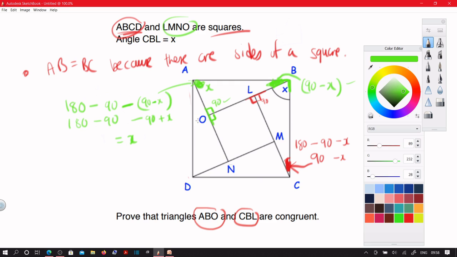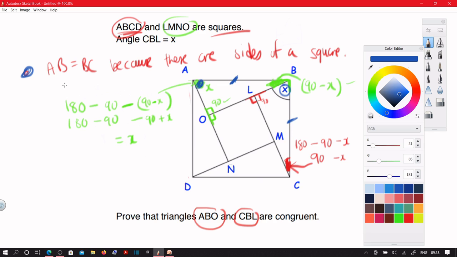So what have we established now? You can see the similarities. We've established that this side is the same as this side. We've also established that this angle over here matches this angle over here.